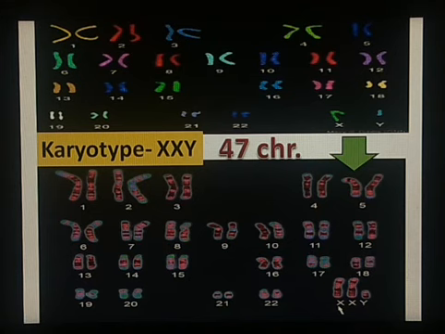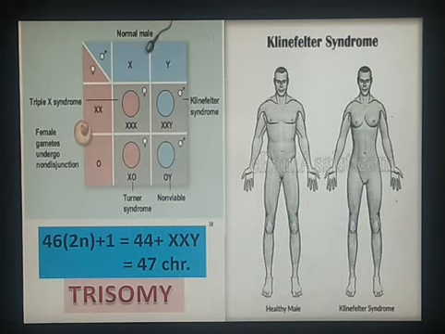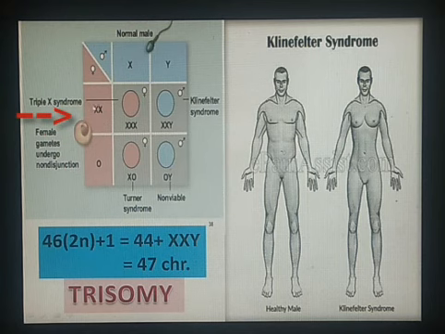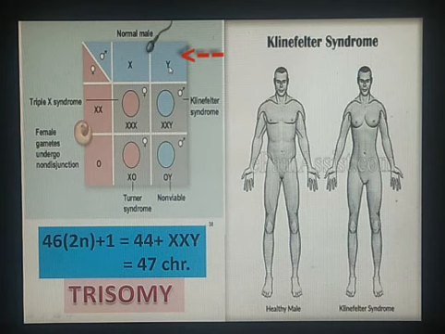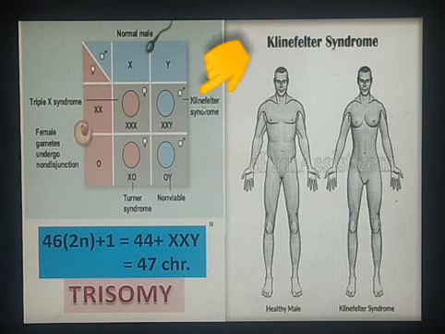That means the failure of the X chromosome to separate during the anaphase stage, because of which the female gamete will have two X chromosomes rather than only one X chromosome in it. And such a gamete, when it fuses with the sperm having Y chromosome, leads to Klinefelter's syndrome.